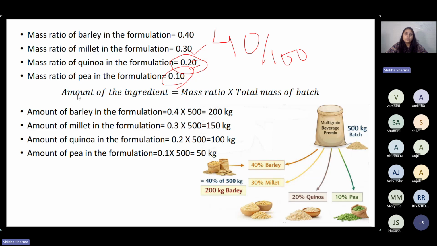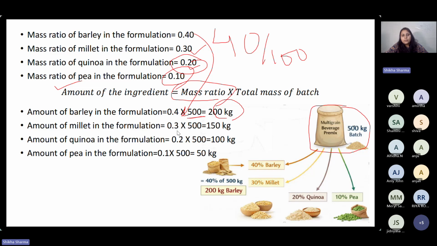So the amount of each ingredient is equal to the total batch mass multiplied by its mass ratio. The amount of barley in the formulation is the mass ratio 0.4 into the 500 kg batch size, which is 0.4 into 500, or 200 kg.